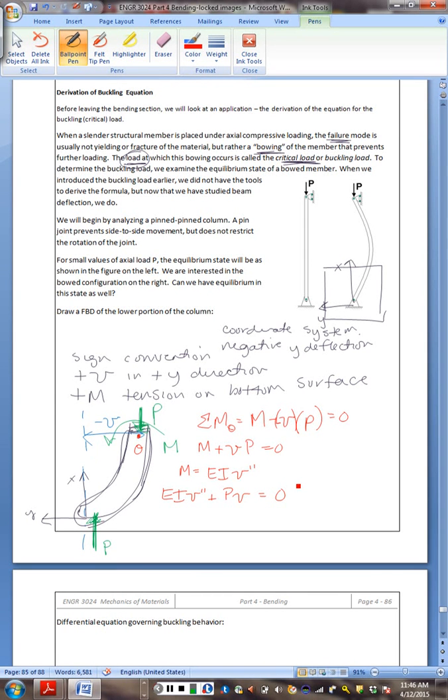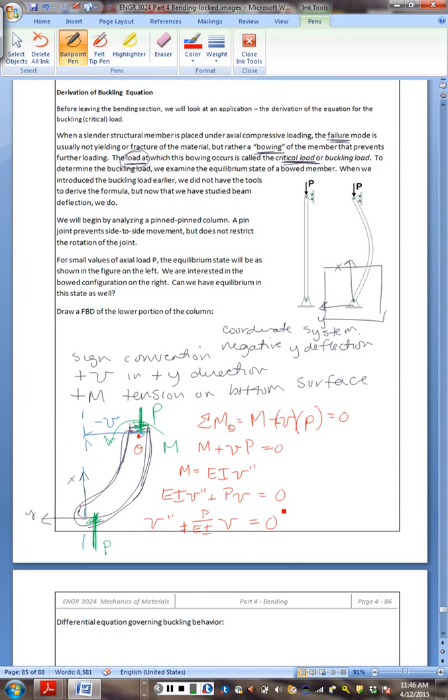If we divide through by our bending stiffness, we have V double prime plus the load over the bending stiffness times the deflection equals 0.